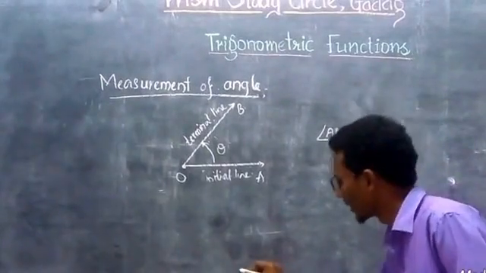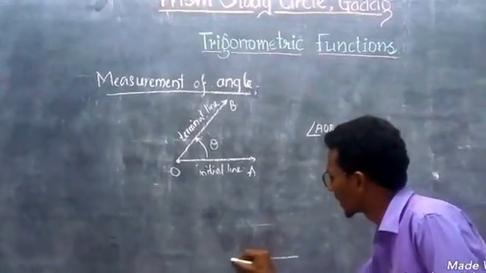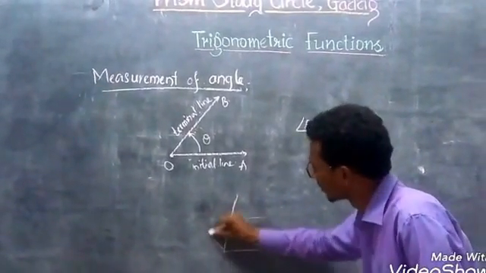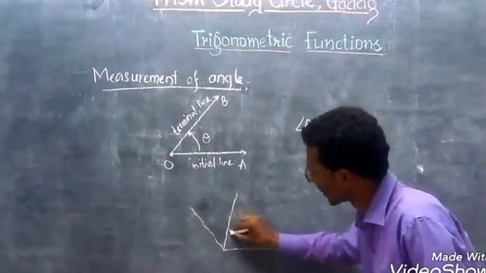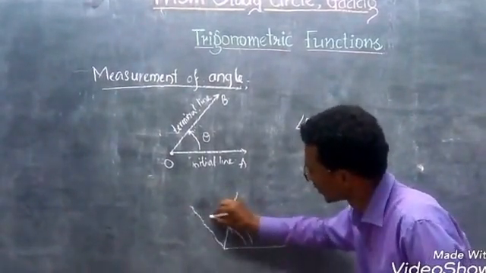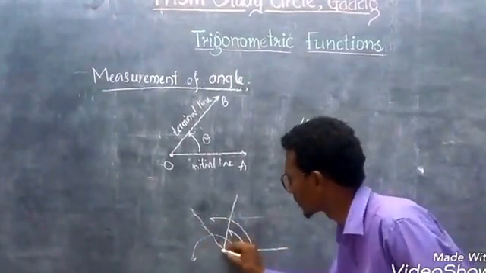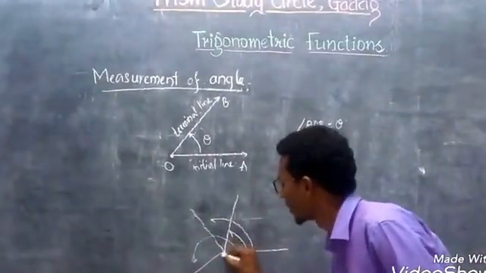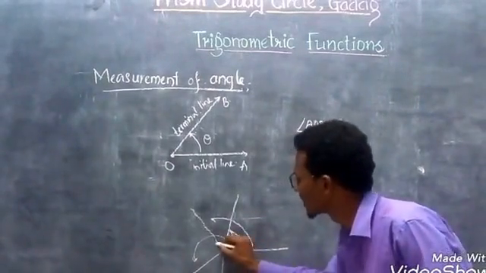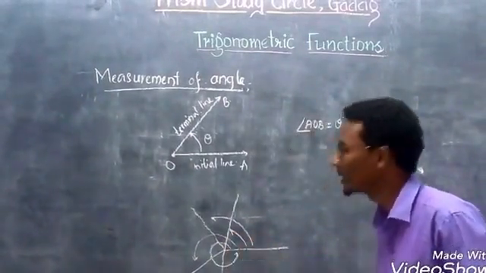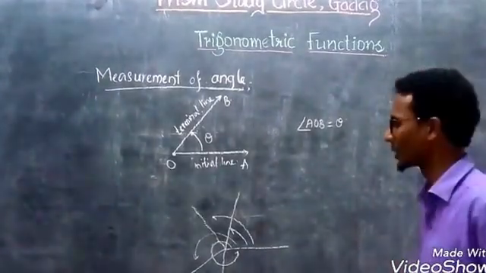Like this, if we go on making angles in this direction, these will be the angles. We go on making different angles and come back to the initial position after one complete revolution.